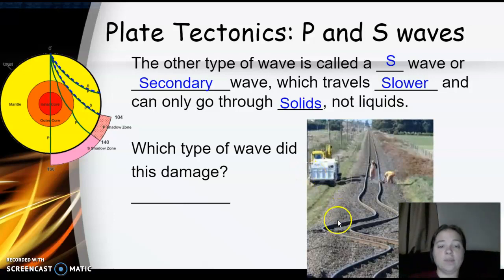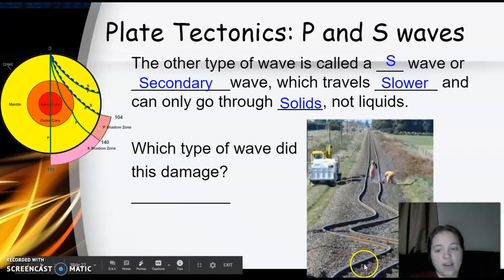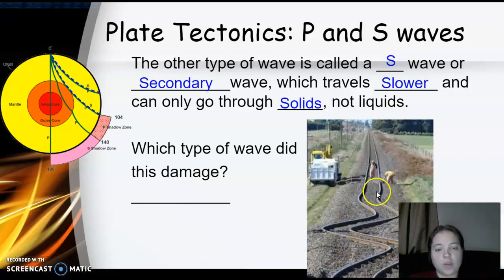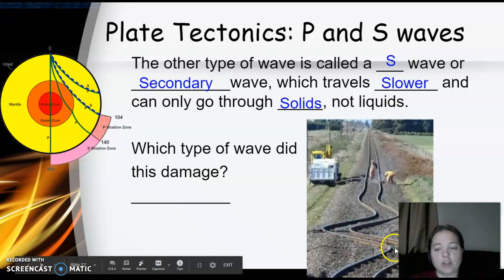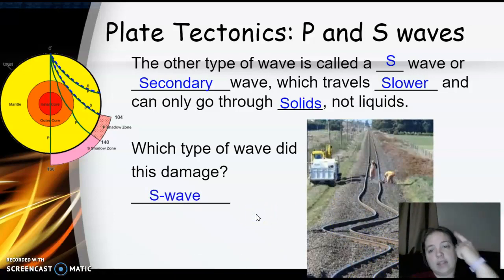And here's the thing. It looks like a snake. And look at this right there. What type of wave did this damage? That's an S wave. Looks kind of like a snake. So S, second, slower, solids. Snake-like pattern.